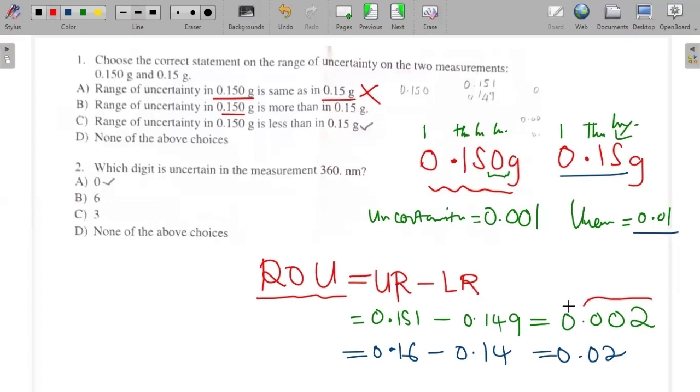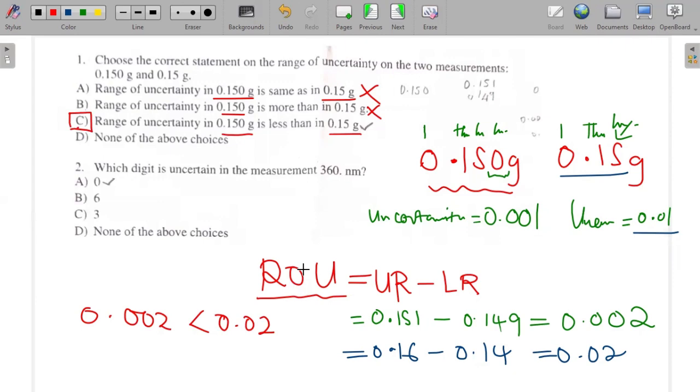But this number is actually less than this, so this option is also false. Option C says the range of uncertainty here is less than here, which is true because 0.002 is less than 0.02. So the correct option was C.